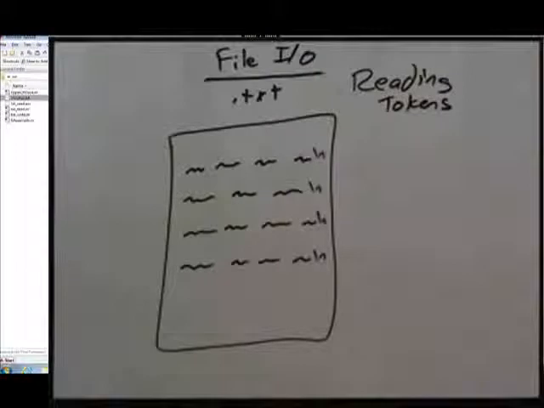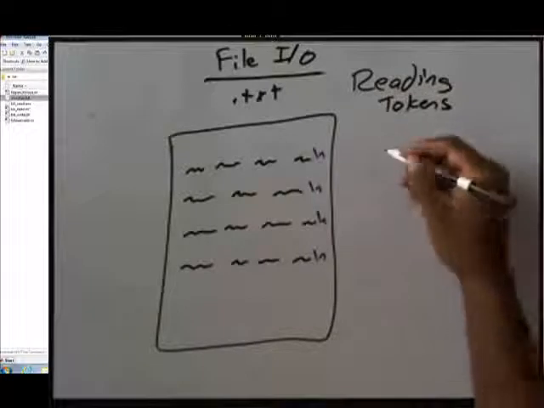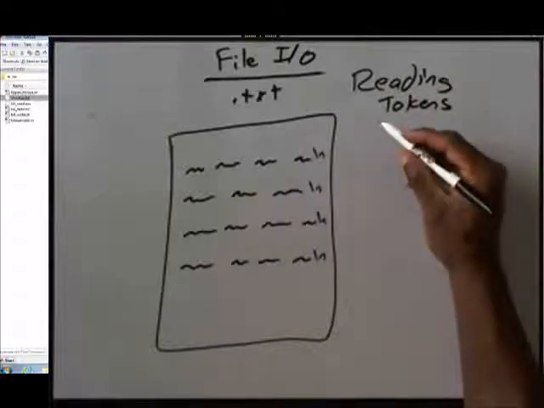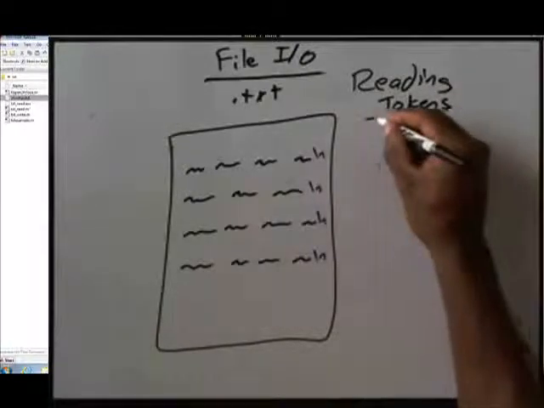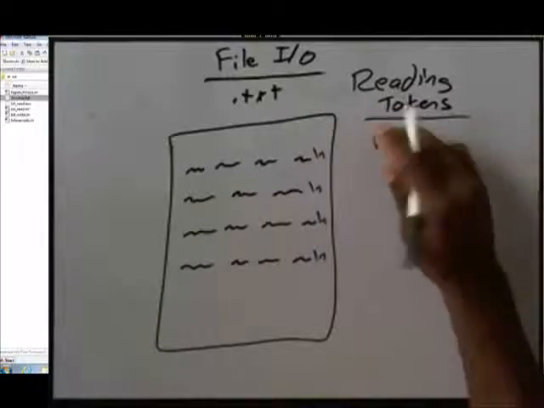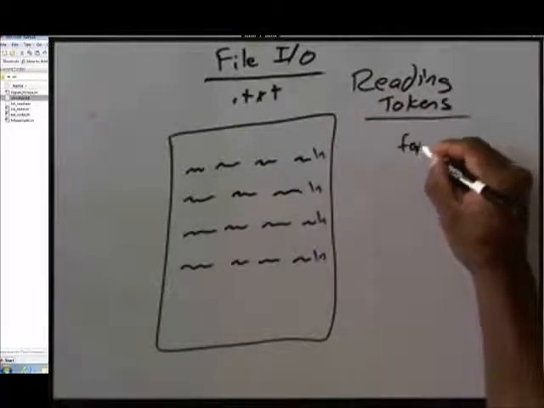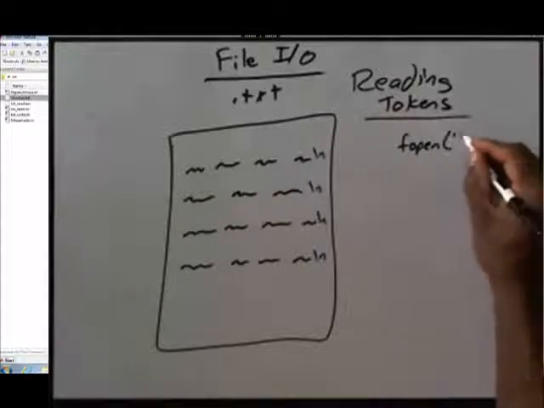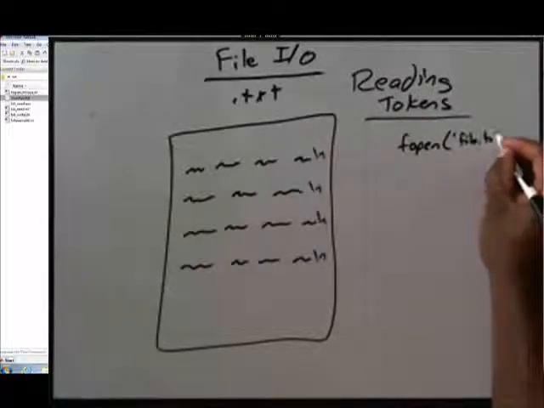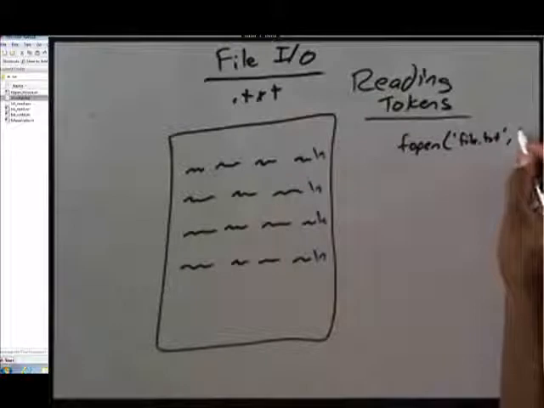Now if I wanted to get to that, that's a little bit different piece of code, and we have to invoke a function. We're going to do something that's sort of interesting here. So the code's going to go like this. We're going to come back and do like we did before. First of all, we have to open the file, so we'll go fopen, and then whatever file name we have here, .txt, and we are still going to open it to read it because we're still reading here.